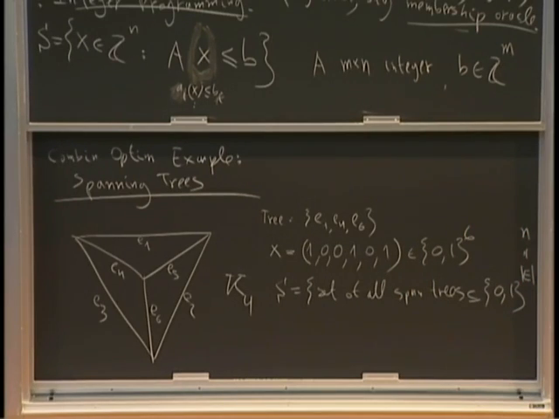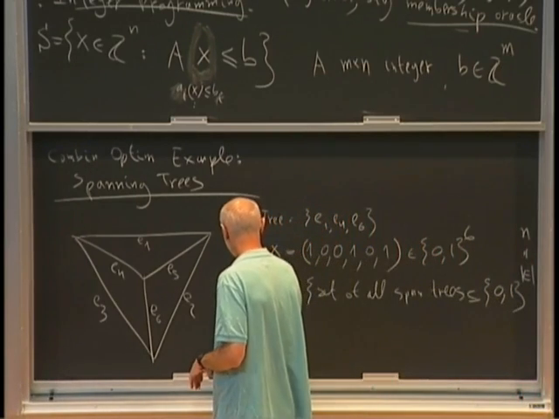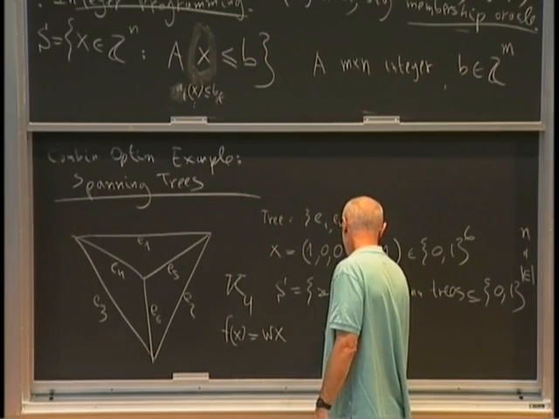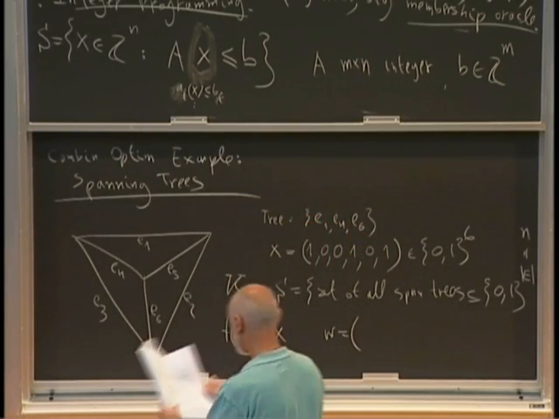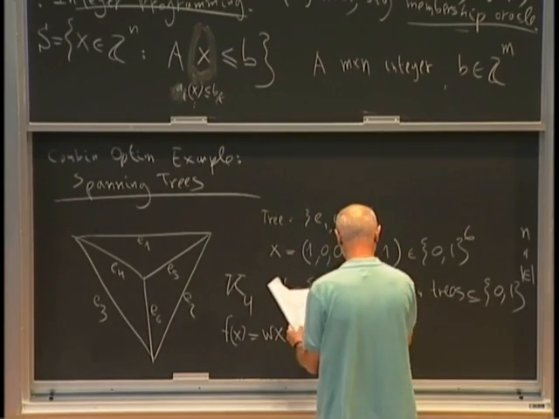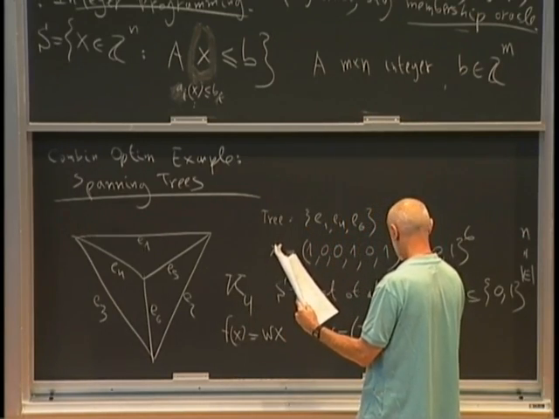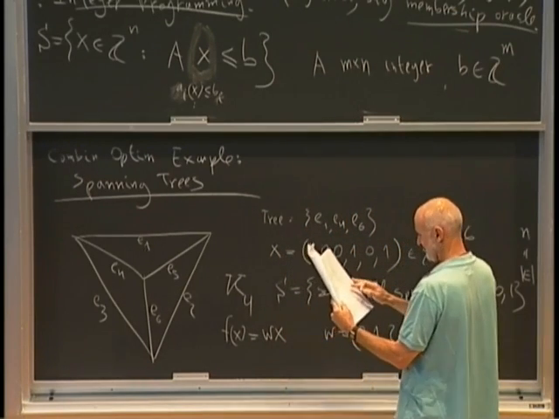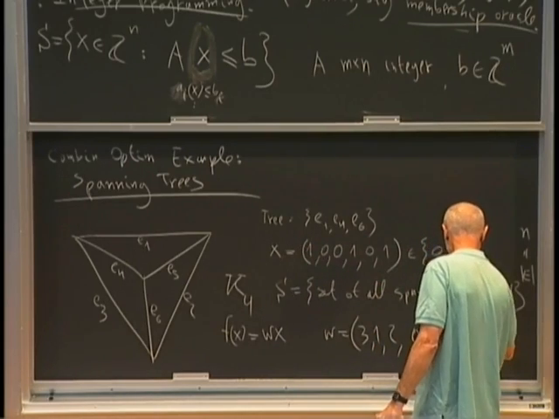Now let's look at an optimization problem. Suppose we have a linear objective function first. It's Wx, where W is a vector like this: 3, 1, 2, 0, minus 1, minus 2.